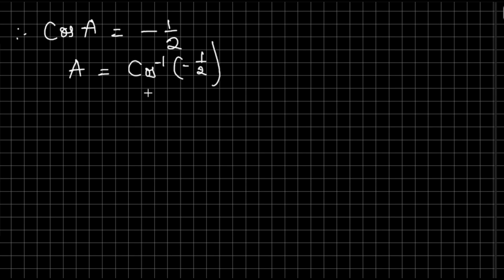This is a special angle. You can quickly use your calculator, shift cos inverse of 0.5. So that's 60 degrees, and this is minus 60 degrees. But this is a negative value, so we take the answer in the second quadrant.